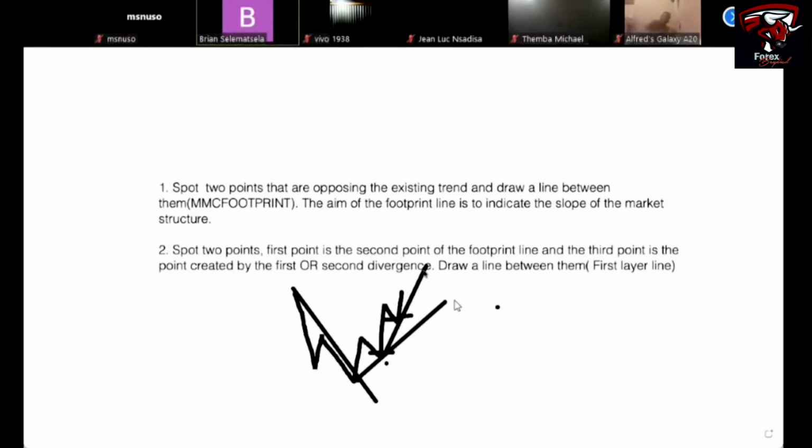Immediately after the market breaks the first layer, we know that it's about to go into the opposite direction. So whatever trades you took at a particular time, you exit them. After you exit, you take the opposite direction from there. Let me remove this for now.